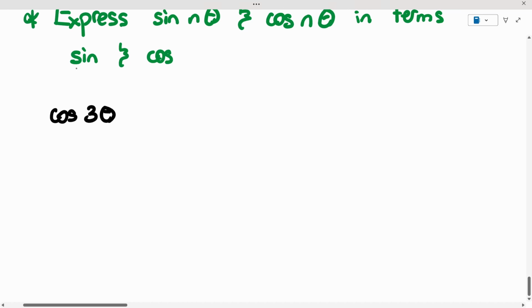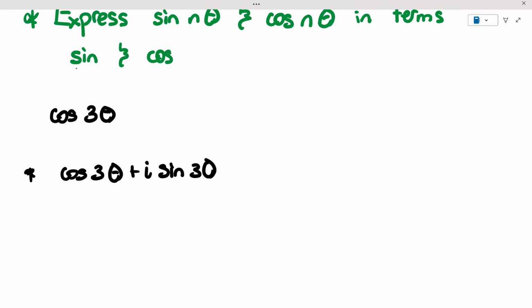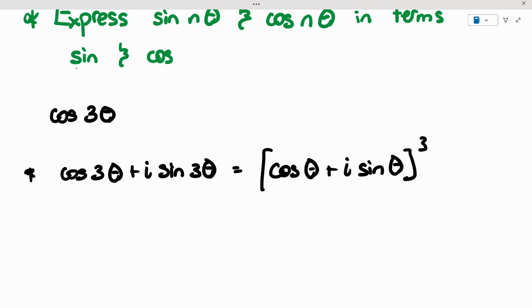So let's try this. We know that cos 3 theta plus i sine 3 theta is equal to cos theta plus i sine theta to the power 3. Right? So we just use De Moivre's theorem and reverse that.